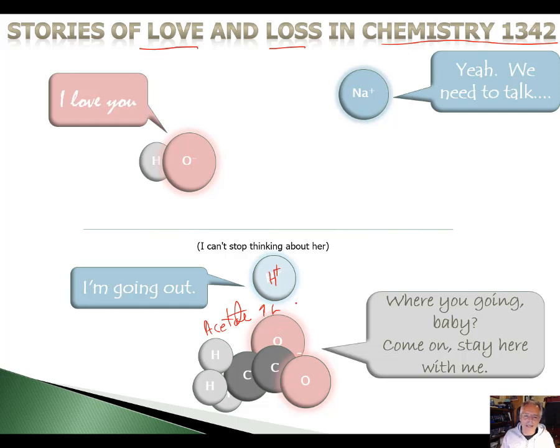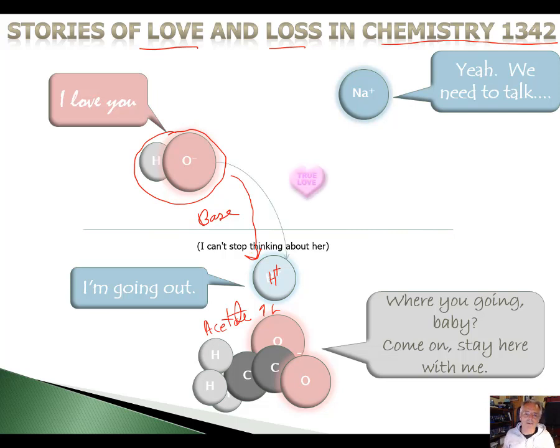However, if this proton encounters hydroxide ion, and hydroxide ion we're just going to think of as a big-time base, whenever hydroxide ion lays eyes on a hydrogen ion, there's going to be some chemistry that goes on.